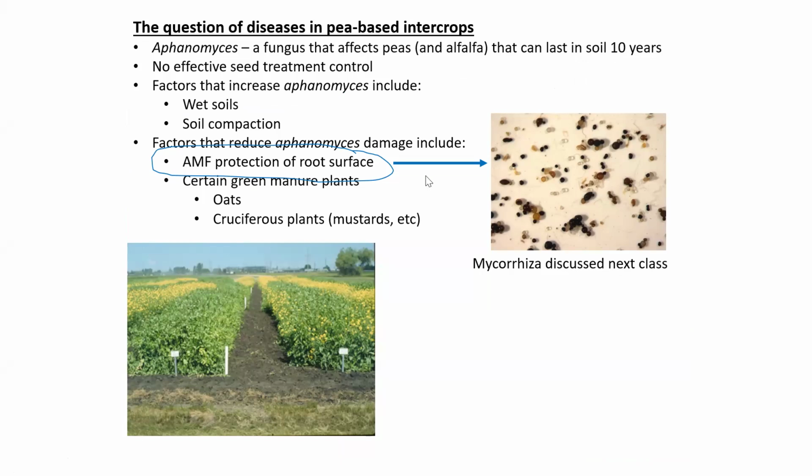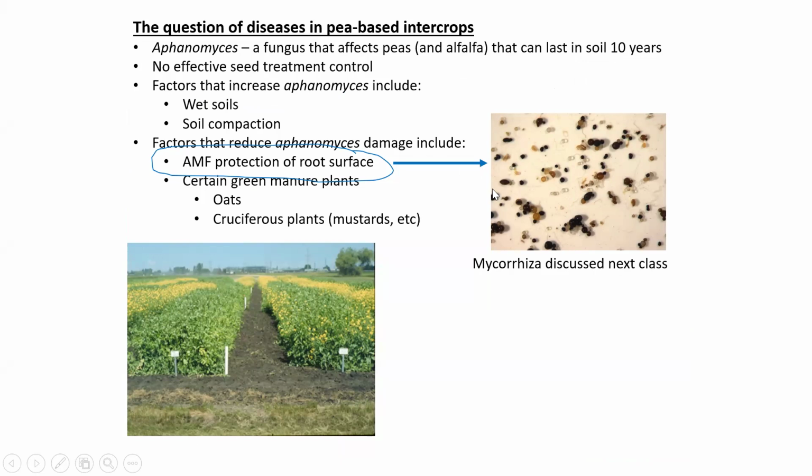We're still talking about Aphanomyces, which is the very damaging root organism that affects peas. We also know, in addition to having drier soils and less soil compaction, these reduce this problem. Mycorrhiza fungi will also provide some protection of roots.